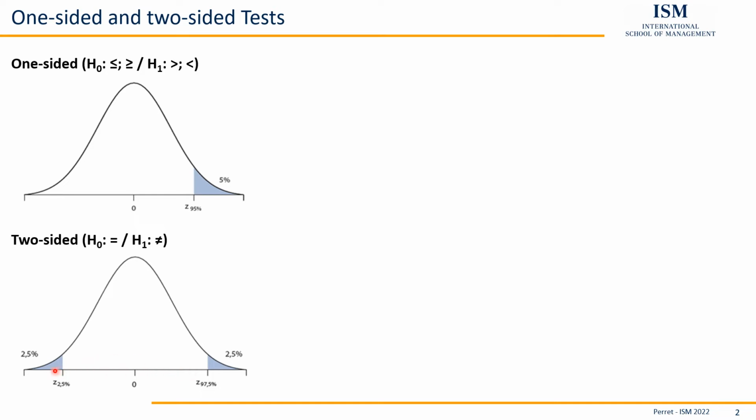If I'm smaller than this value, or larger than that value, I'm clearly too far away from 0. So here errors are situated on both sides of the distribution. That's why it's called two-sided. So differences, as in simply it's different from, are two-sided, errors on two sides; one-sided is about is larger or smaller than.